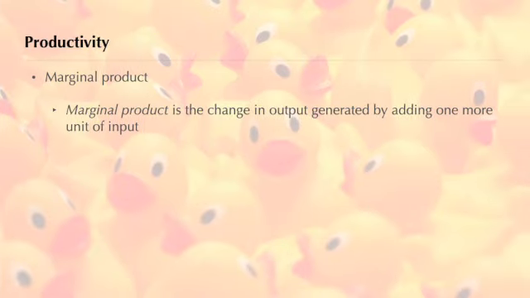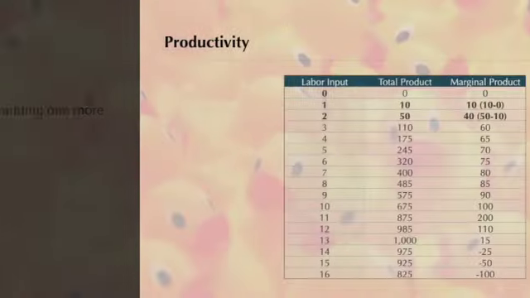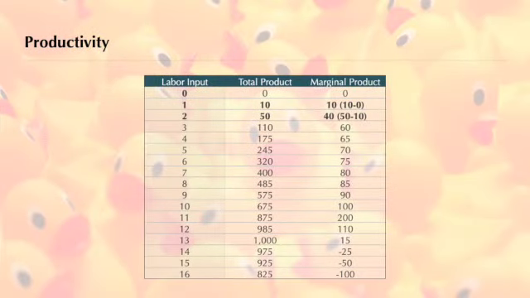To maximize productivity, business owners also need to know their marginal product. Marginal product is the change in output generated by adding 1 more unit of input. How do businesses calculate marginal product? Let's return to the production schedule. The new third column lists the marginal product for each level of production.